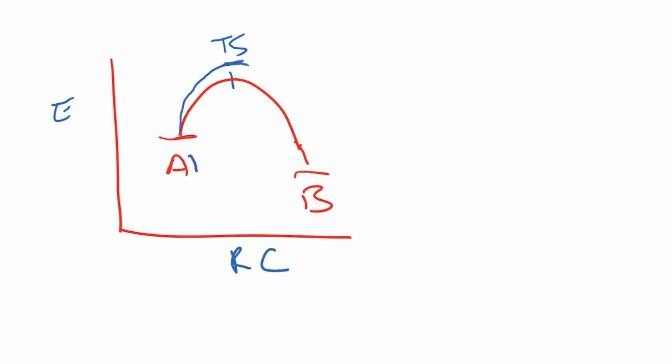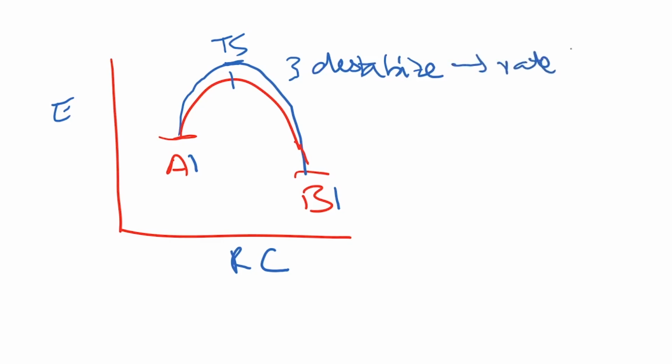Let's say I'm going through this pathway to give me B1. Now this difference in energy is going to destabilize the transition state, in which case the rate is going to go down. So anything that destabilizes the transition state is going to result in reduction of rate. Anything that stabilizes the transition state or removes the hindrance to the reactive center is going to result in a decrease in the transition state energy, which results in an increase in rate.